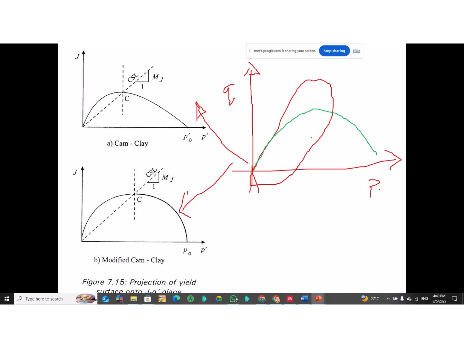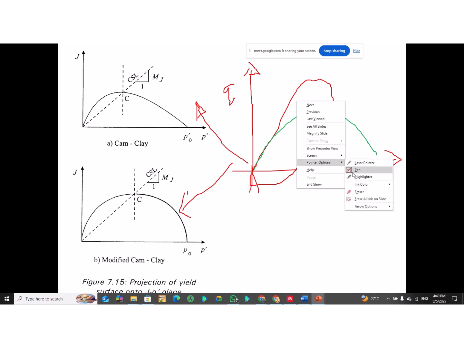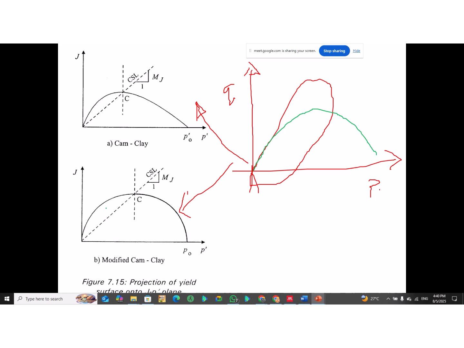So that's the modified Cam-Clay model. Of course, still gaps. Still a lot of research required. So this Cam-Clay maybe can describe the yield function of certain soils, but definitely not all of them. And so the Cam-Clay model is actually isotropic, kind of symmetric around the p-axis.